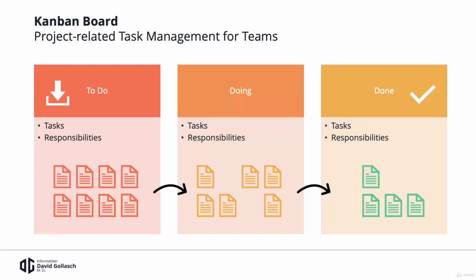If you decided to take one task and to work on it, then you move the card of this task onto the next column, which is called doing, because this task is now in progress. So you have in this doing column those cards with a task that are currently in progress.